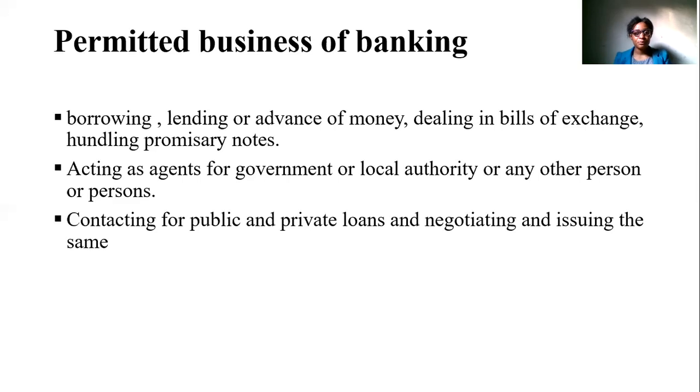An example I can give for the agency service that a bank can do, which they're permitted to do, of course, as a banking business, is when a customer has an account with the bank, or let's say the customer is a company, and then they write a written order to the bank to say, pay our employees the salaries from the account of the company.